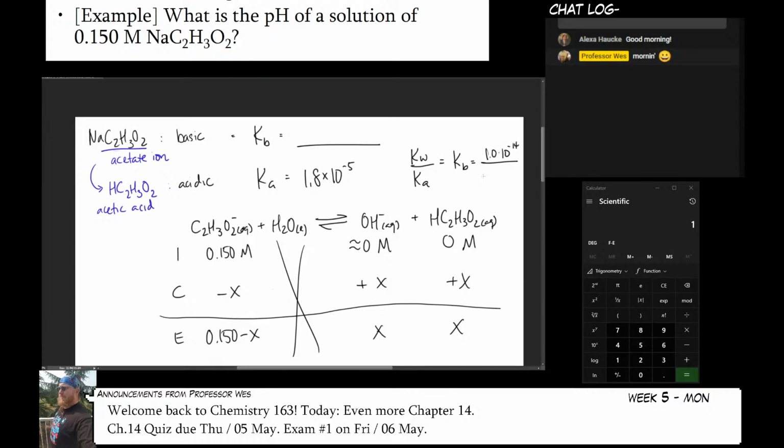So there's Kw, 1 times 10 to the minus 14, divided by 1.8 times 10 to the minus 5. And I don't actually need to do this math, because we just did it, but I guess I'll check. Oops, not 10. 1.8 times 10 to the minus 5. Yeah, there we go.